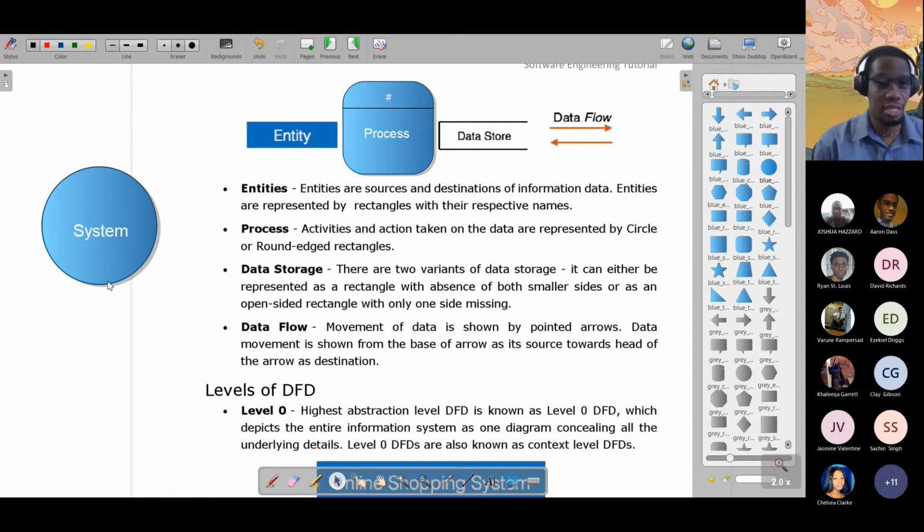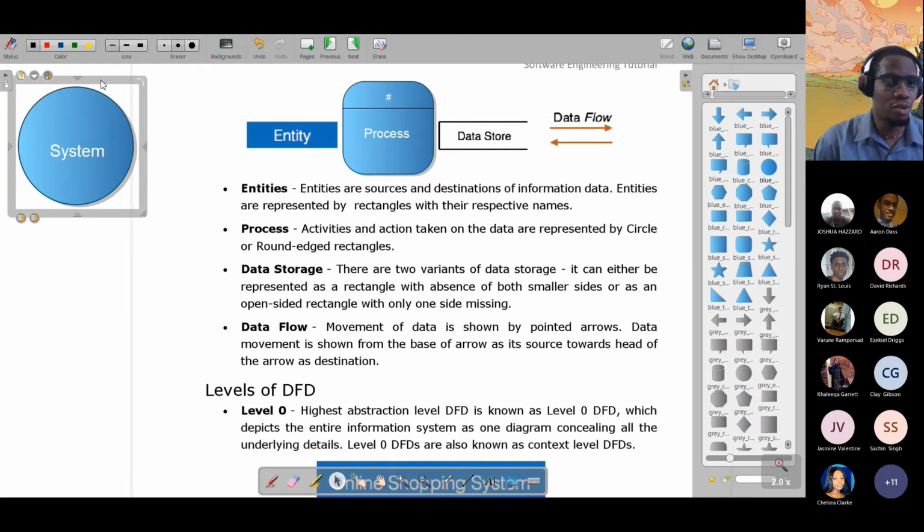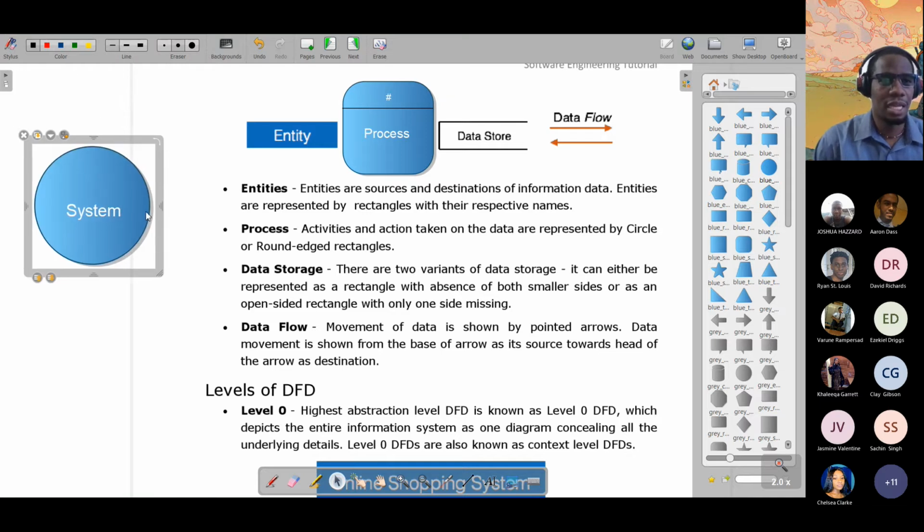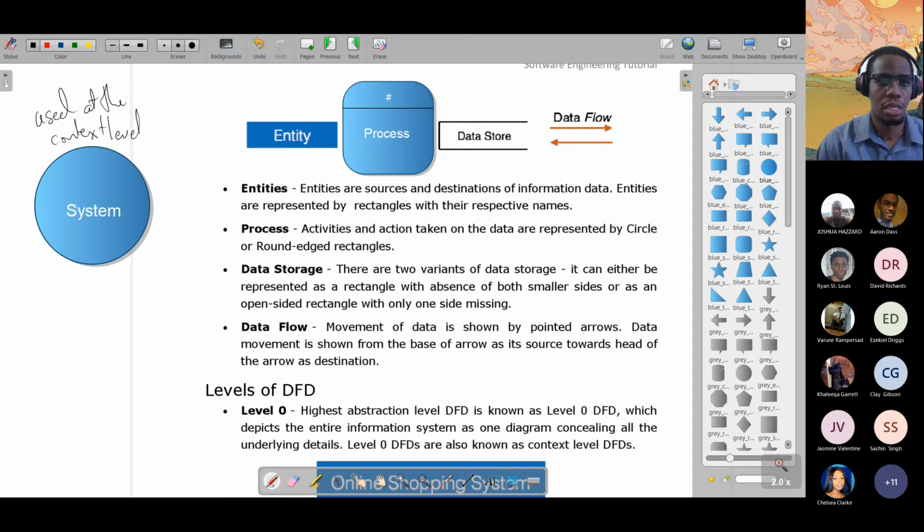So we have the system. The system is used when you are representing a DFD at the context level, which is level 0. And I will clear that up in a bit.